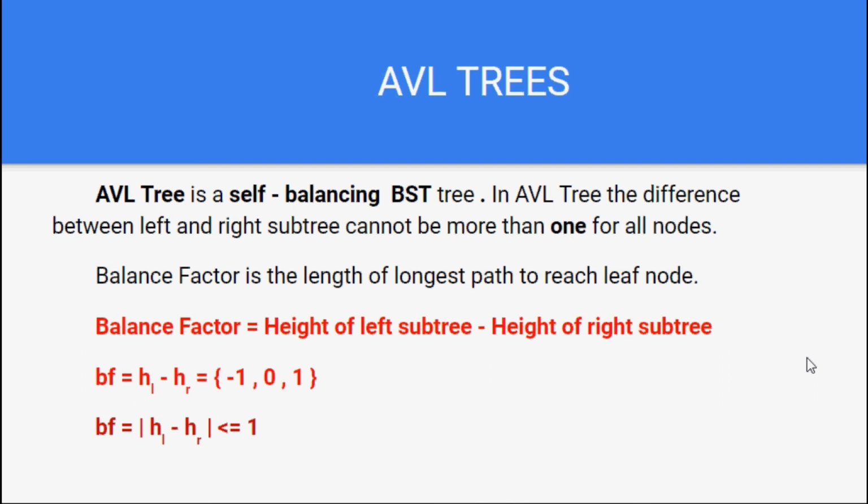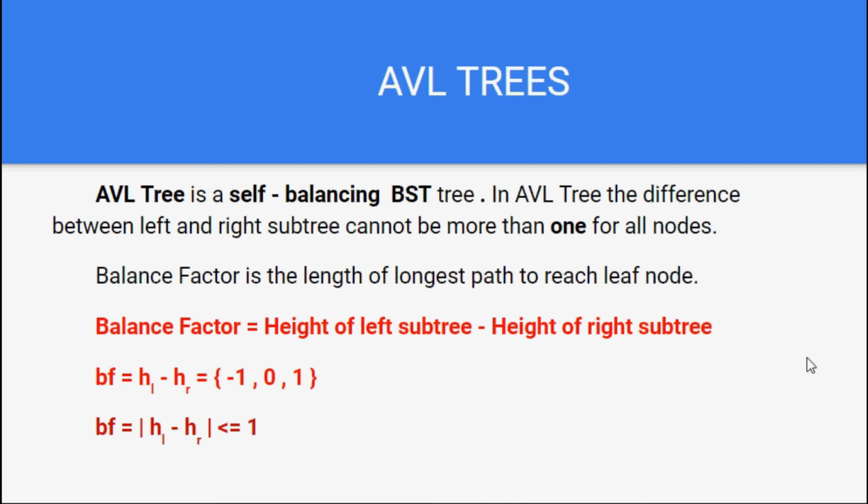Okay, now in the very first line, as you can see, I have highlighted the word self-balancing and the second word is BST. So that means in order to understand AVL trees, first of all, we should know what is BST, what is a binary search tree, and the second term we should know is what is self-balancing.